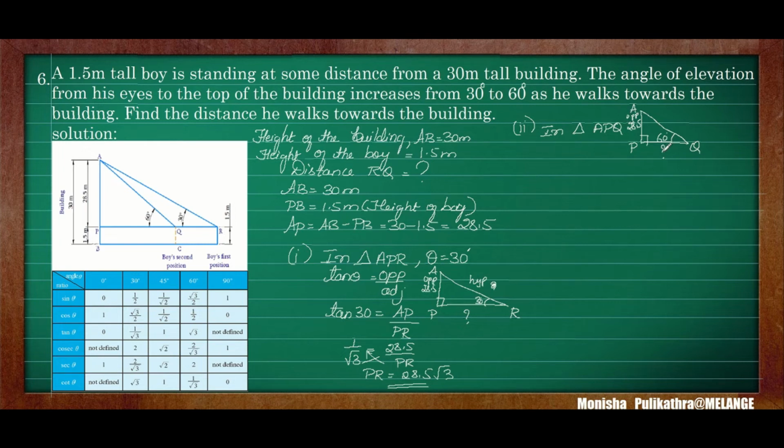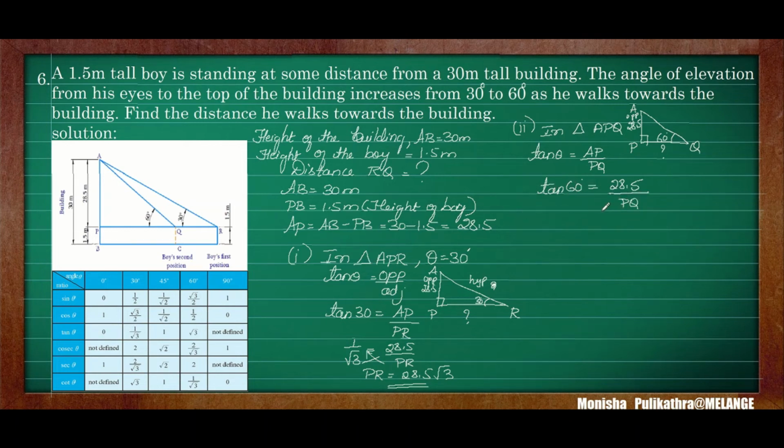Again, opposite by adjacent, therefore tan theta is equal to AP by PQ. Here the theta value is 60 degrees, AP is 28.5, and PQ is unknown.